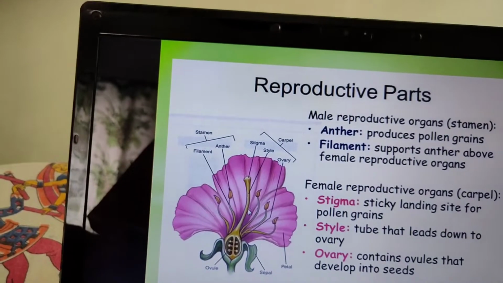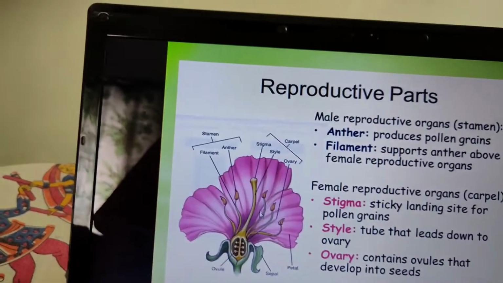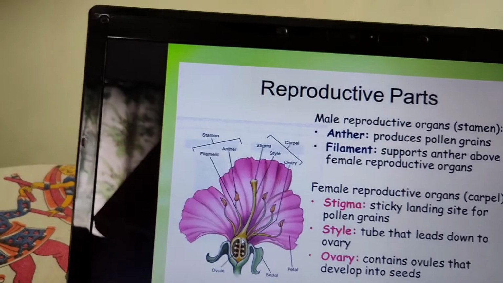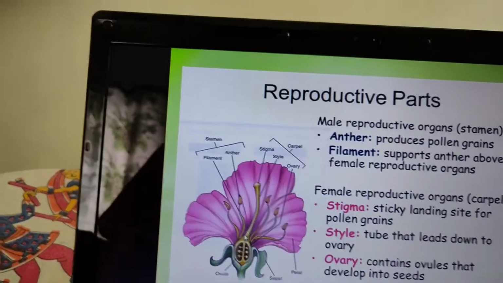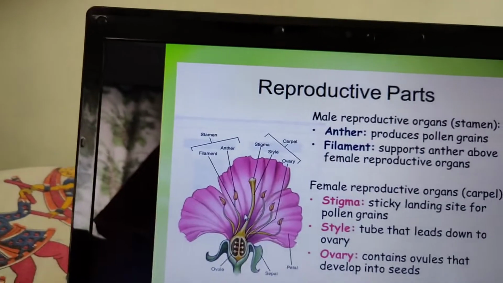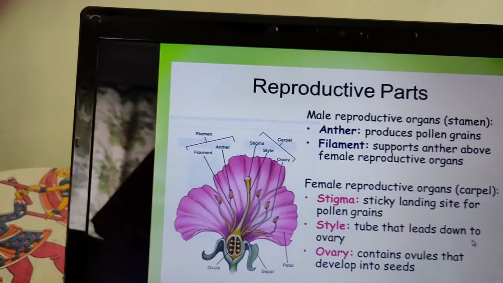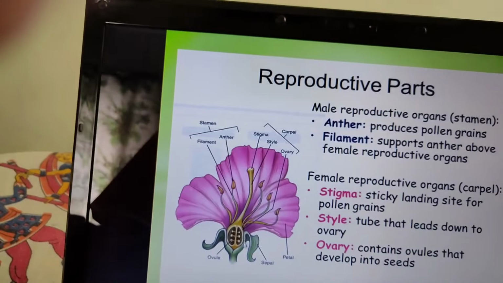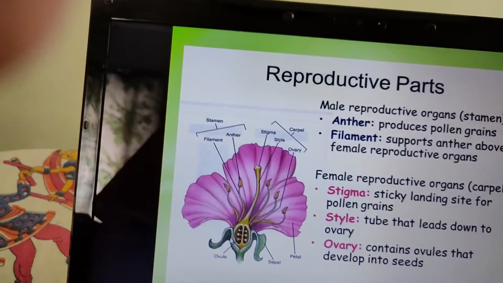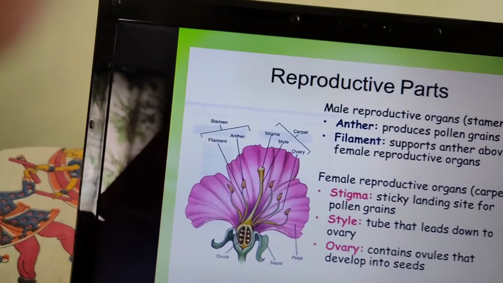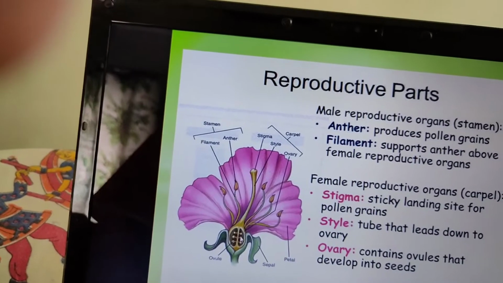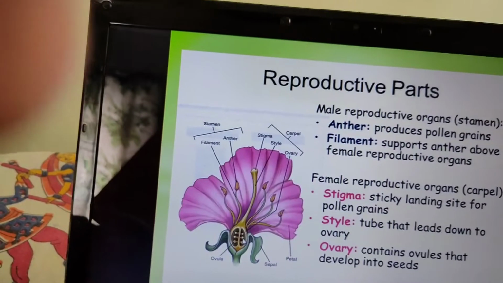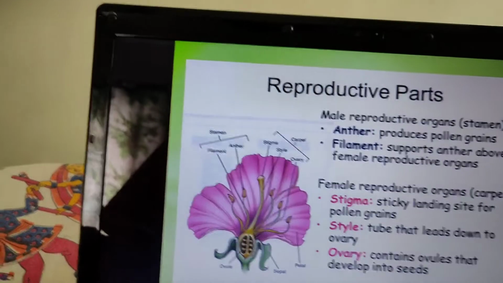Next, the second part, this long, thread-like tubular part, is known as the style, the tube that leads down to the ovary, and it extends up to the ovary. And this swollen part is known as the ovary. The ovary consists of one or many ovules.